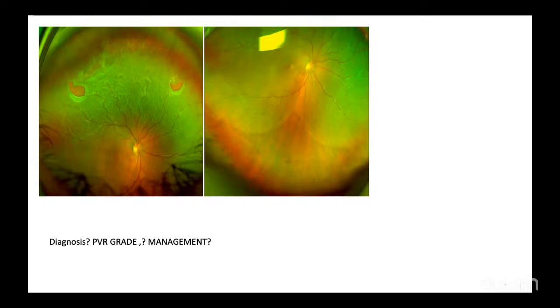This is a total retinal detachment with macula off. And what type of retinal detachment? Bullous retinal detachment, I think. Sorry, it is a rhegmatogenous retinal detachment.